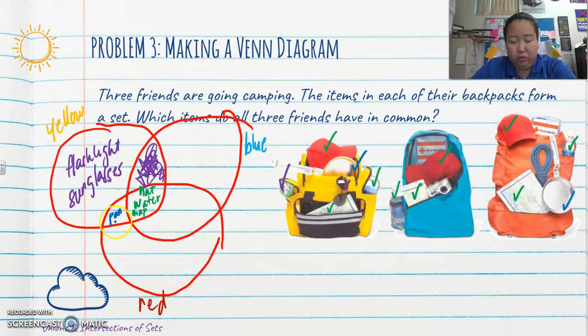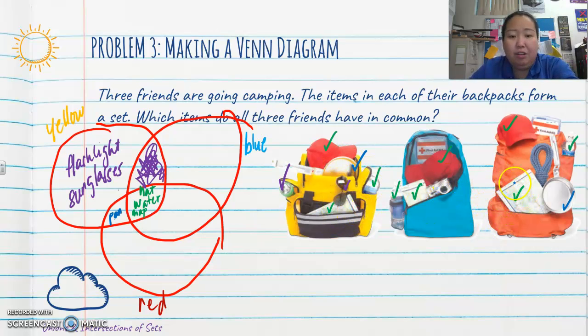They have both pan, and then hat, water, and map. What else is in the red bag, and do we have anything common? We already checked all of the contents of the yellow bag.